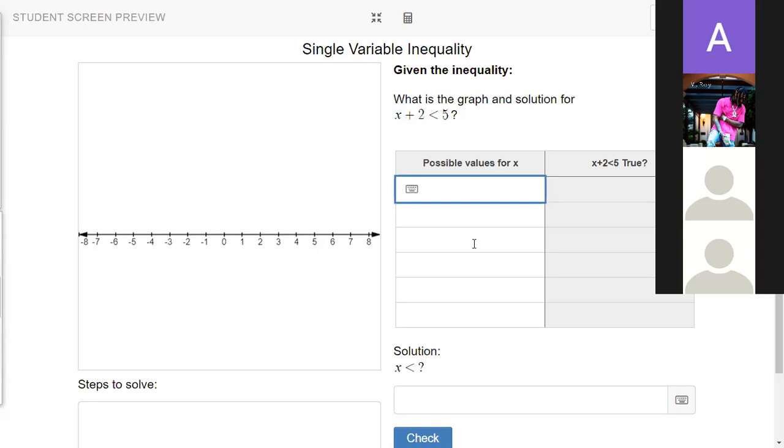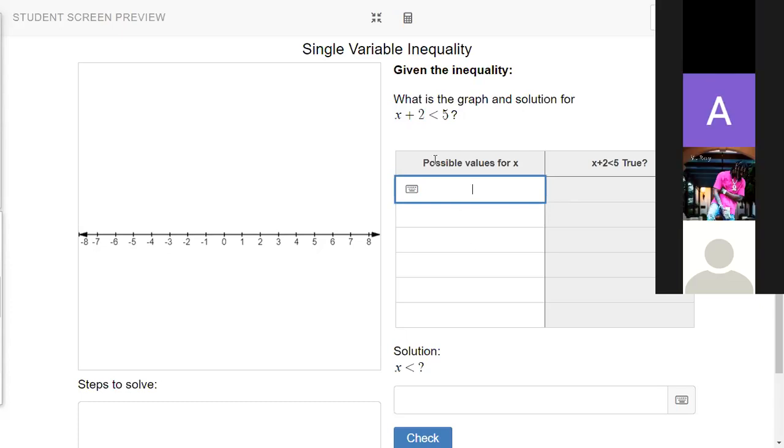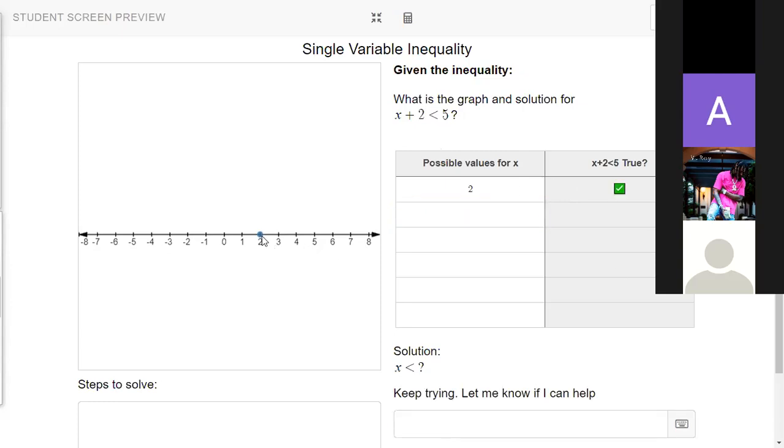What do you think, Chavez? Repeat it again. If I add x, what's the number I can add plus 2 and it's still less than 5? 2. Good. So you can check that because it's going to be 4.